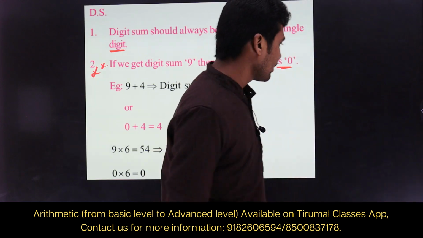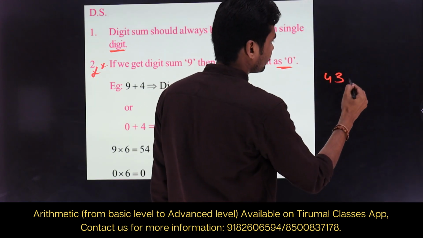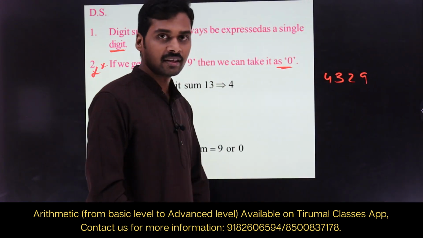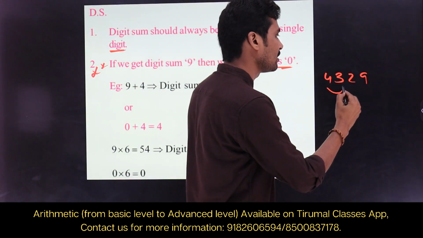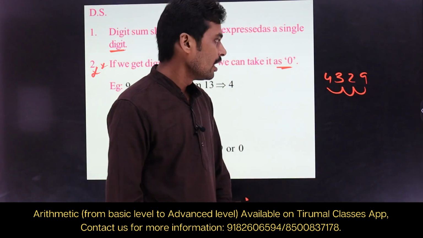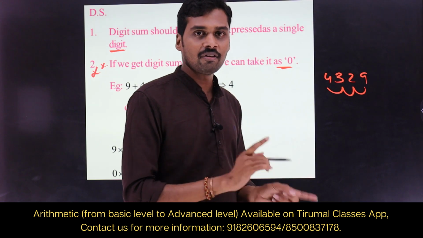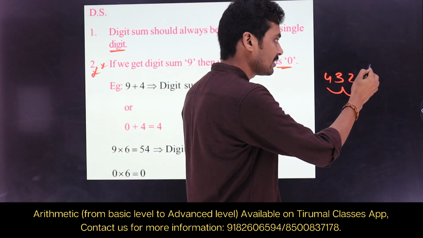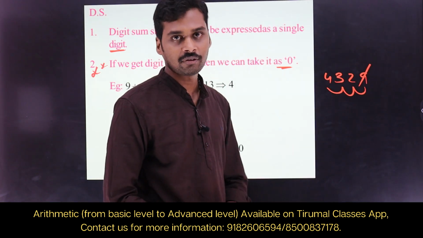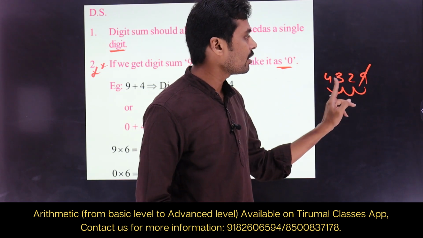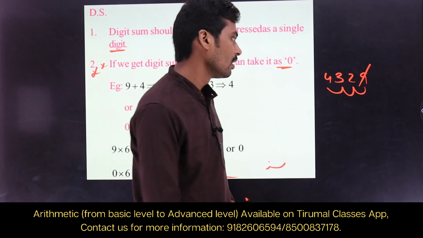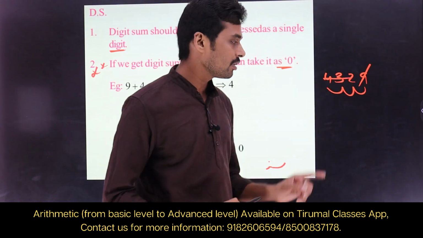Suppose I take this number, and add its digits. Wherever the digit sum is 9, you can cancel out 9, right? So one single number 9 is there, so I can cancel out that number. The remaining sum, 4 plus 3 plus 2, is 9, so I can cancel out that number too.